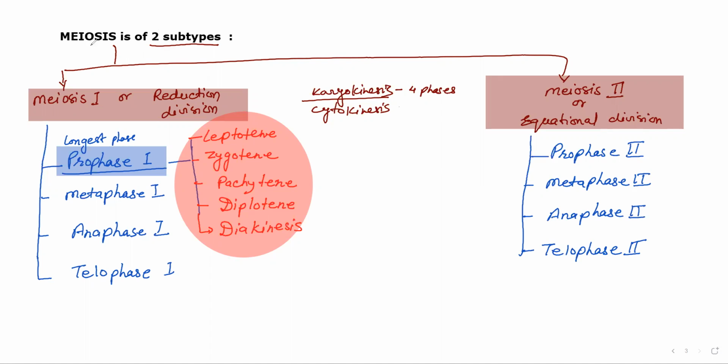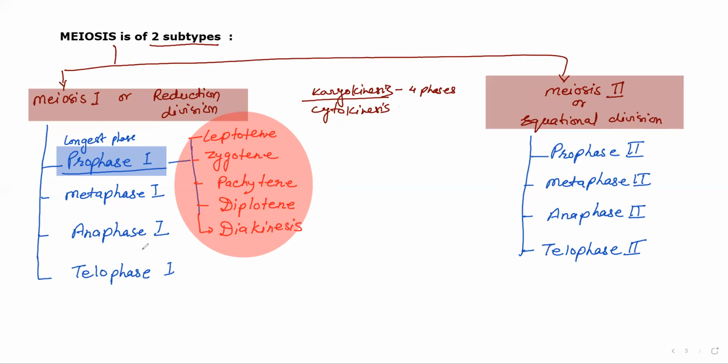So here we have discussed that meiosis is of 2 subtypes, meiosis 1 and meiosis 2. Meiosis 1 is divided into 4 subphases: prophase 1, metaphase 1, anaphase 1, and telophase 1, where out of these 4, prophase 1 is the longest, which is subdivided into 5 subphases: leptotene, zygotene, pachytene, diplotene, and diakinesis.